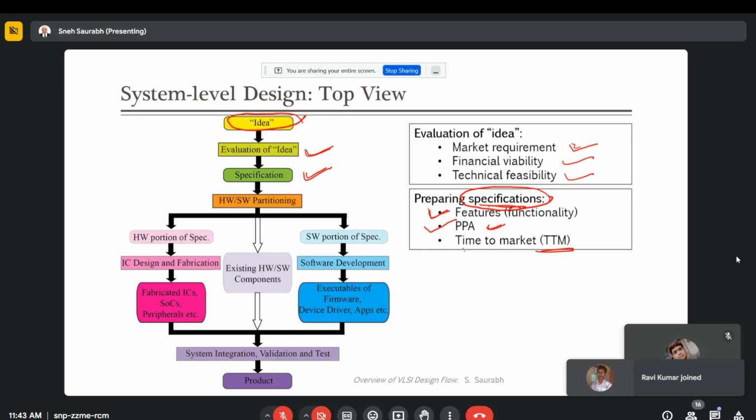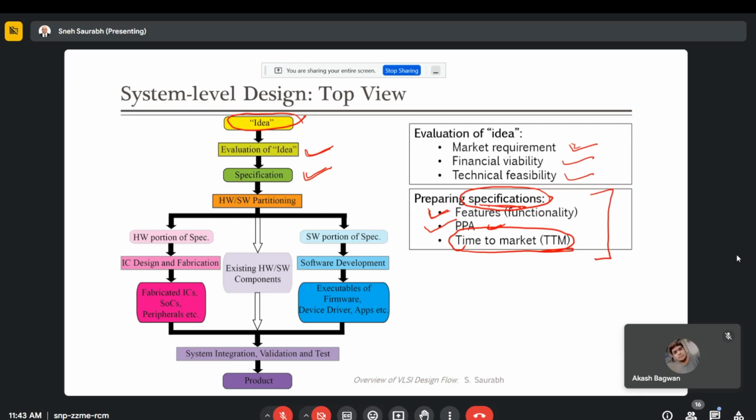That will come from the market requirement, and time to market is one of the important specifications that is initially specified and must be met to obtain the desired goal of profitability and other things, right? So this specification is prepared.